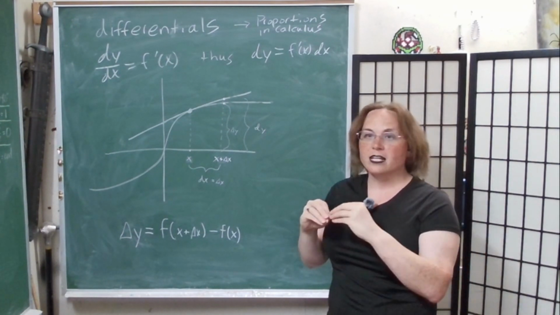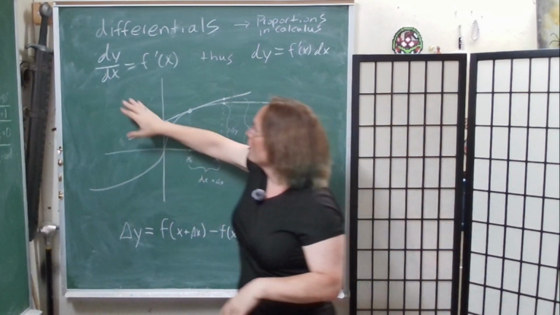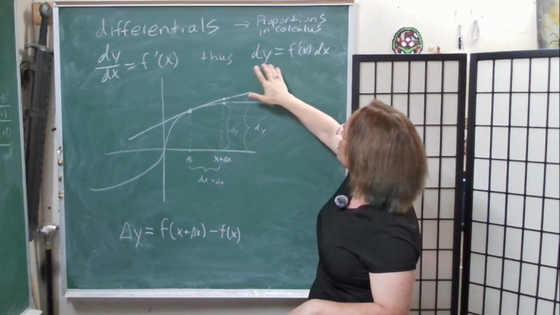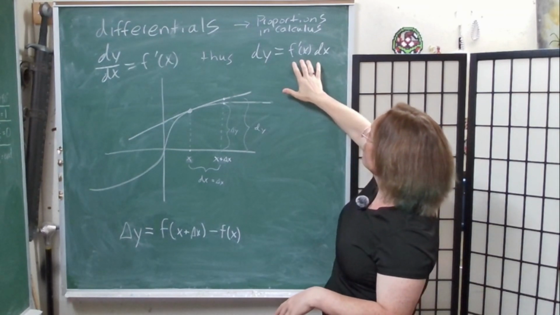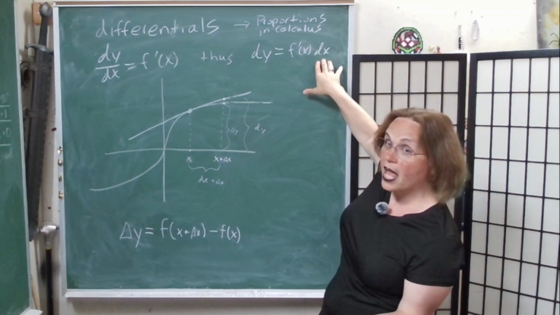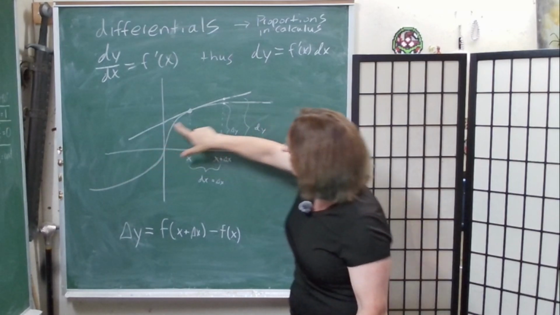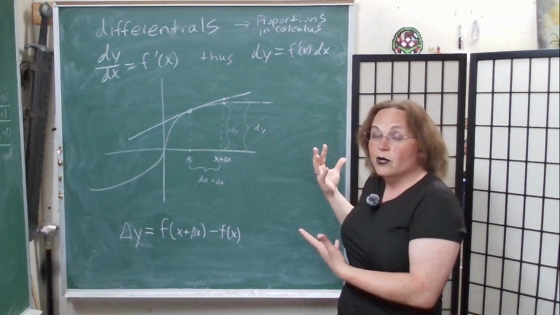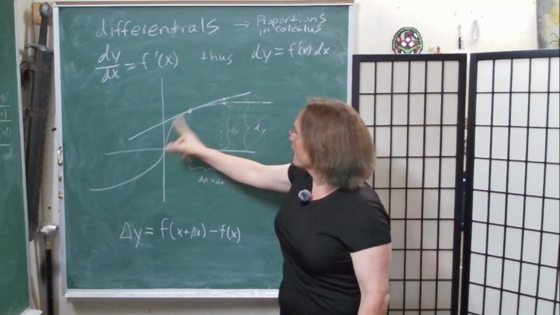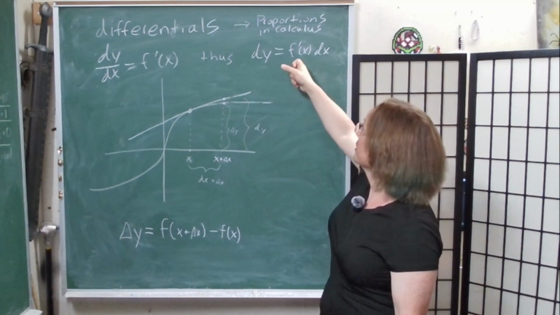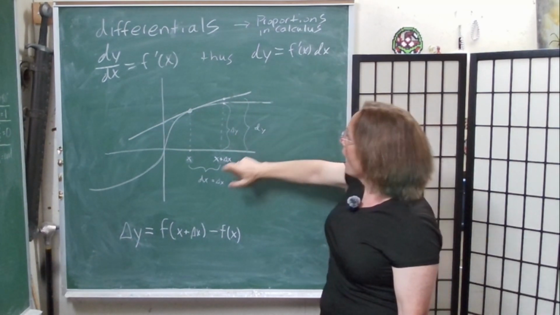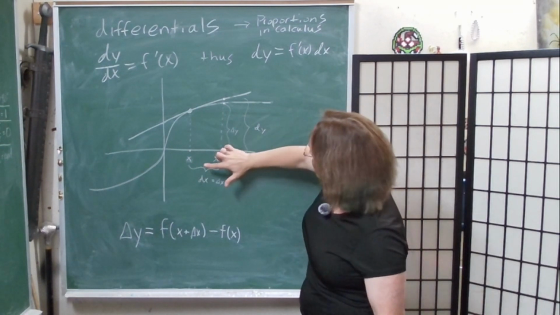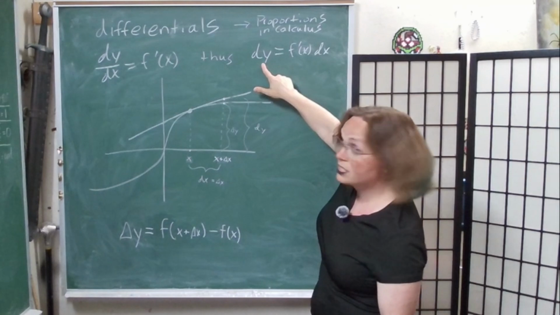So if we treat those as individual values, and then we move them around like individual values, what we end up getting here is that the change in y is equal to the derivative of f of x times the change in x, which, because we're looking at a line, is just like using a proportion in algebra, but now we're doing it with calculus, where we've got our tangent line, the slope of our tangent line is the derivative of our function, and then we've got the change in x being our dx, and then the resulting change in y being our dy.